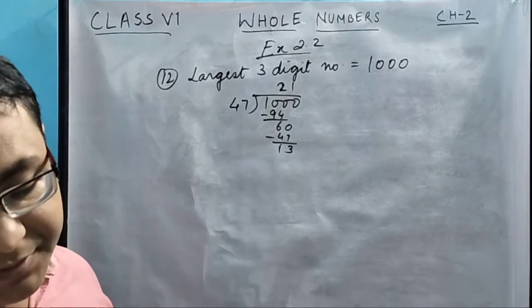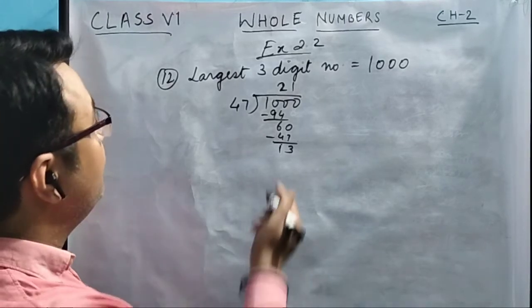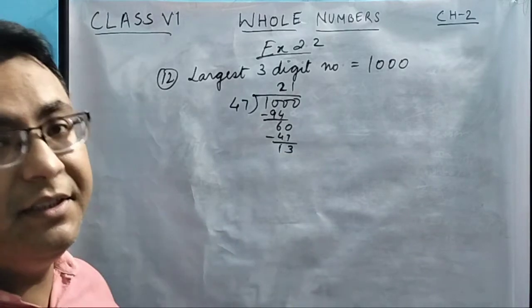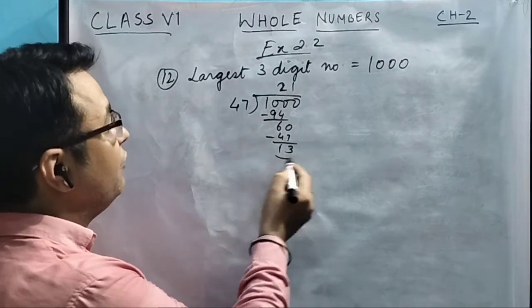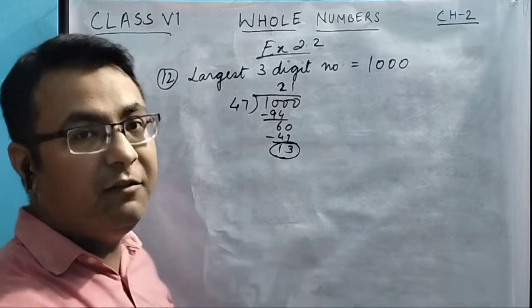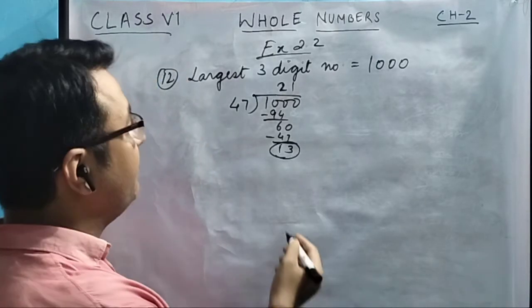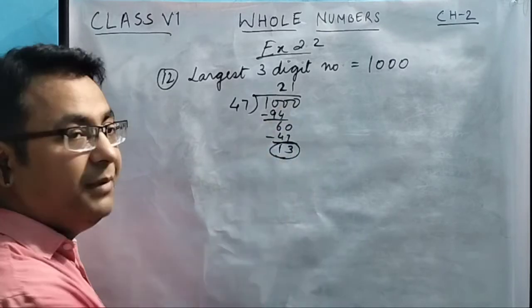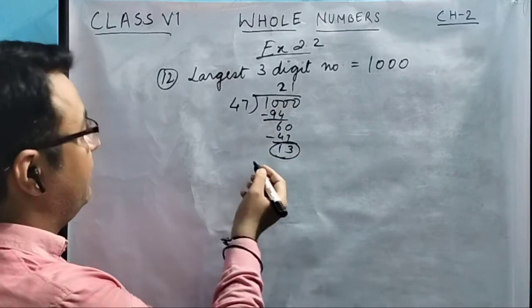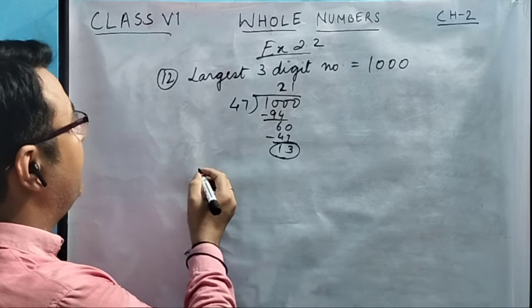So remainder is 13. Okay, so we have to find the largest 3-digit number. If this remainder would not have been there, then this number would have been completely divisible. But we are getting 13 as the remainder. So we will subtract this remainder from the largest 3-digit number so that it is completely divisible.